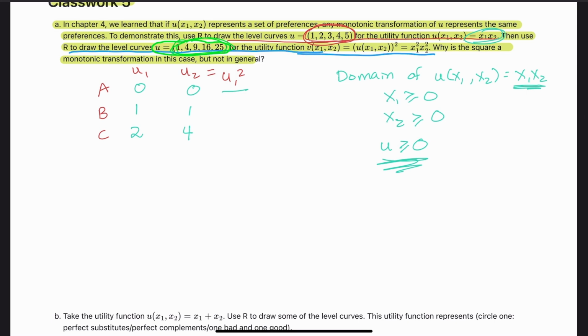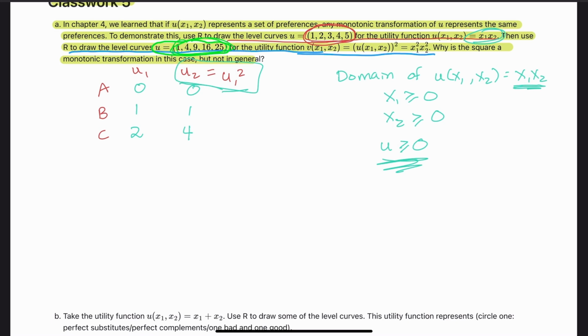And we can verify that. We discussed that all monotonic transformations have the property that the derivative is always positive. What's the derivative of the square? That would be something like this.